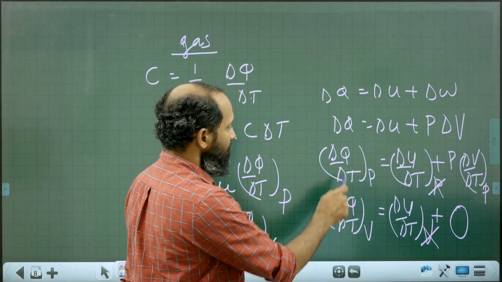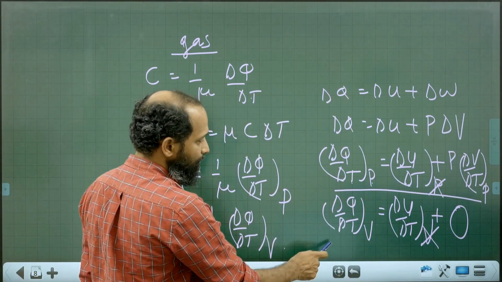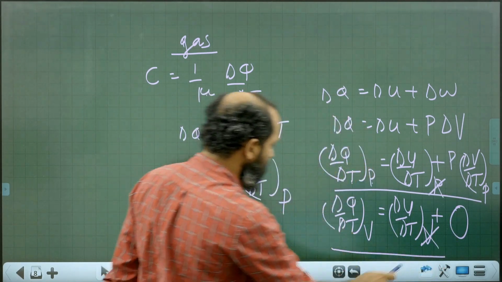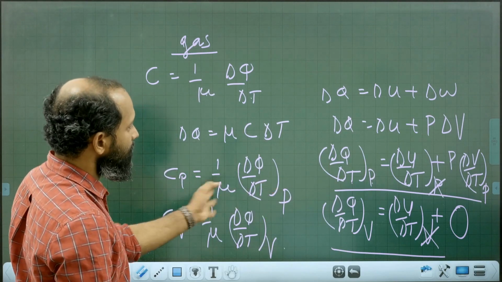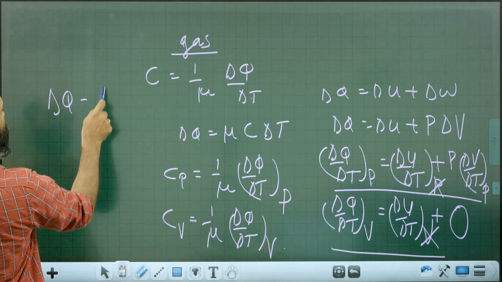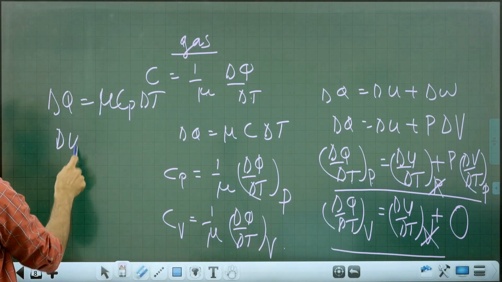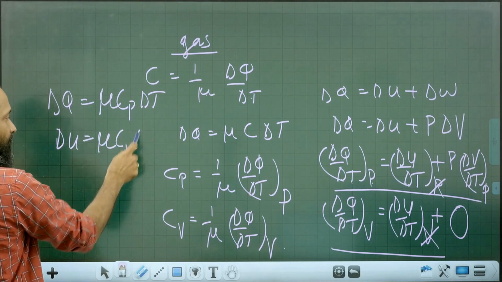That's why delta Q by delta T at constant pressure can be written like this, and delta Q by delta T at constant volume can be written like this. From this we get the formulas for Cp and Cv: delta Q is equal to mu Cp delta T, but delta U equal to mu Cv delta T.